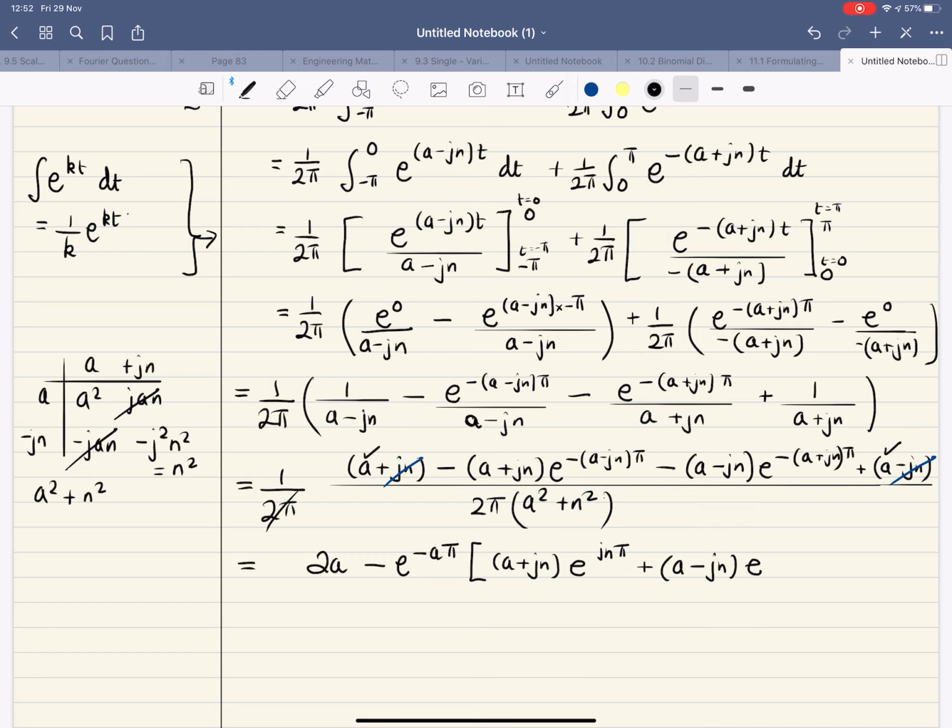E to the minus a pi is out, so it's minus jn pi inside. Oh, it's getting neater and neater every step. And that is all divided by 2 pi (a squared plus n squared).